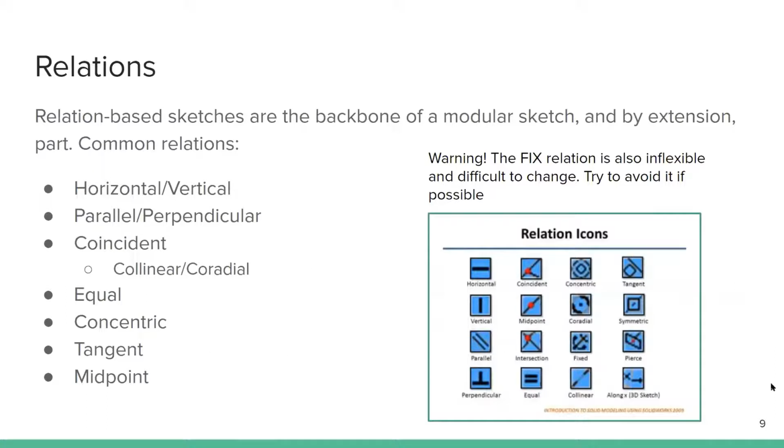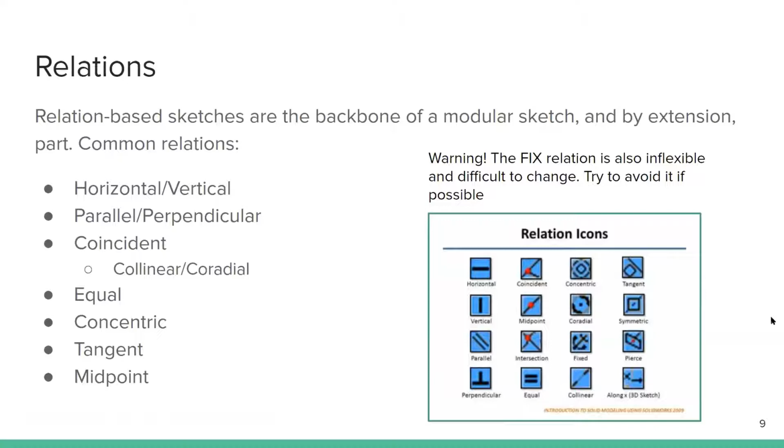All right, so going back to my whole spiel about relations, the only one that you really want to stay away from is fix, just because anytime you fix a point or a line or anything, the whole entity must remain exactly as it is. Or I should say, if you fix a line, it cannot move perpendicular. And if you fix the endpoints of a line, they are fixed in space.